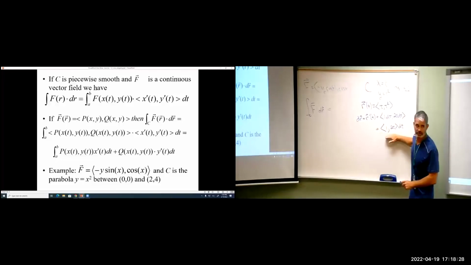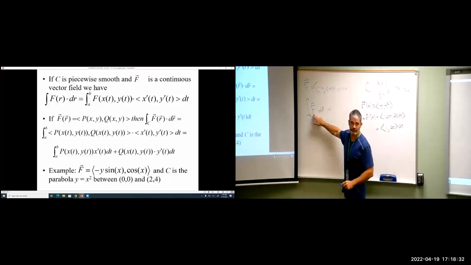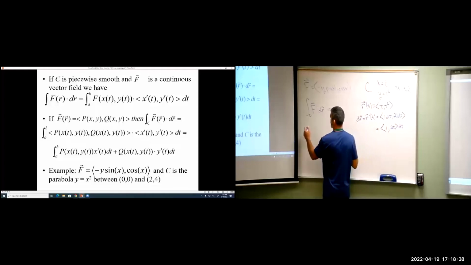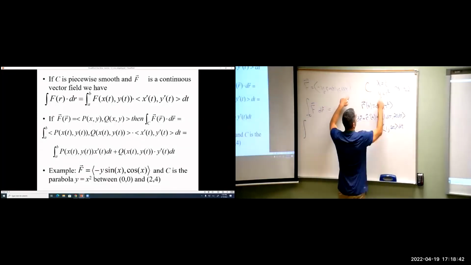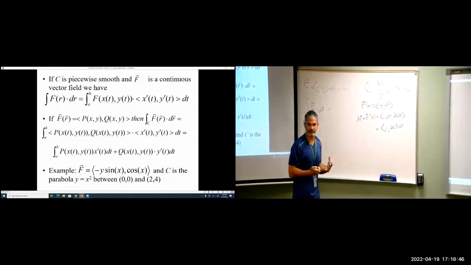It's just this piece here. The other part of this is F, except with our parameterization plugged in. I'm taking F but plugging this in in terms of t. This is what makes this all a single variable integral.